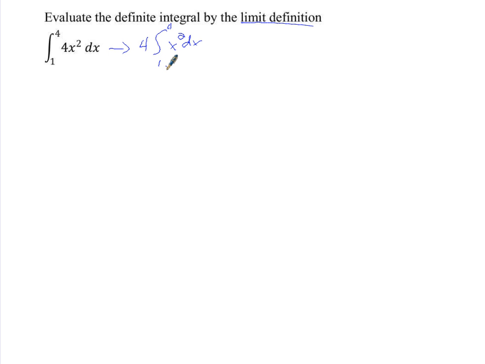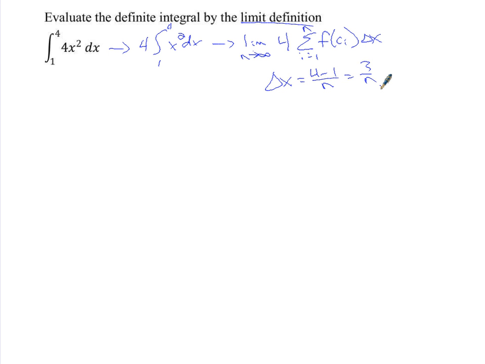So this becomes the limit as n approaches infinity of 4 times the sum from i equals 1 to n of f at c sub i times delta x. Okay, delta x is 4 minus 1 over n, so I get 3 over n.